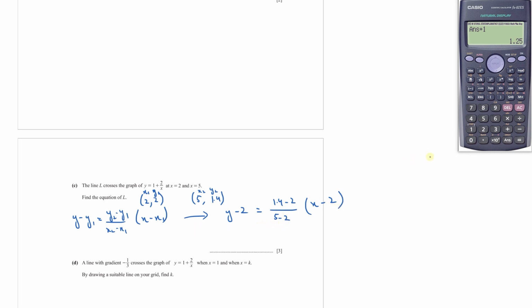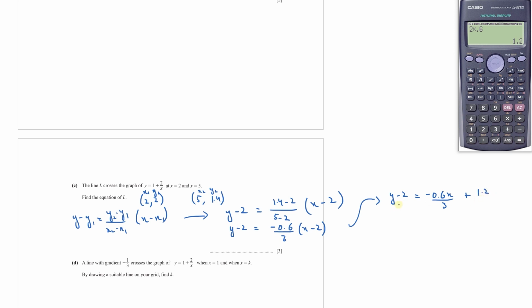So let's open these brackets. 1.4 minus 2 will be minus 0.6. So this will be y minus 2 equals minus 0.6 divided by 3, into x minus 2. So let me continue here. So this will be y minus 2 equals minus 0.6x over 3, plus 2 into 0.6, which is 1.2.